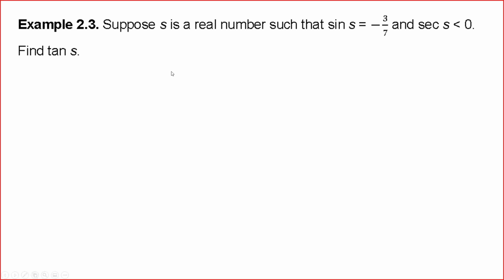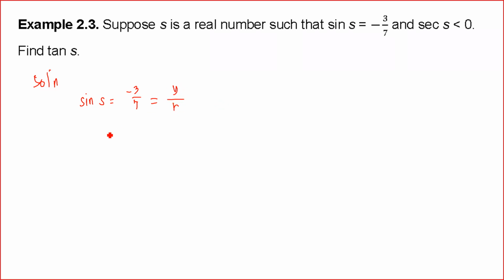So for our solution, sine S is equal to negative 3 over 7. Now take note that sine S, in the previous slides, is y over the radius or the hypotenuse.